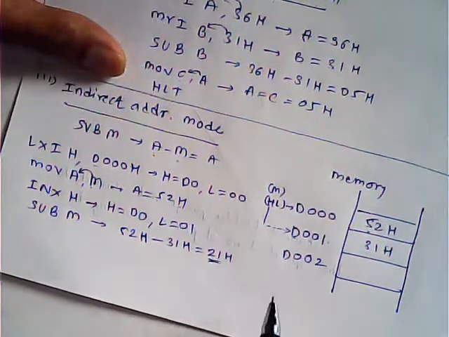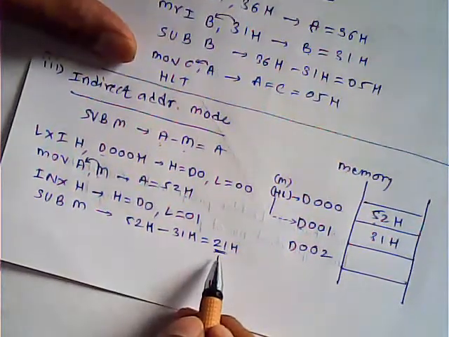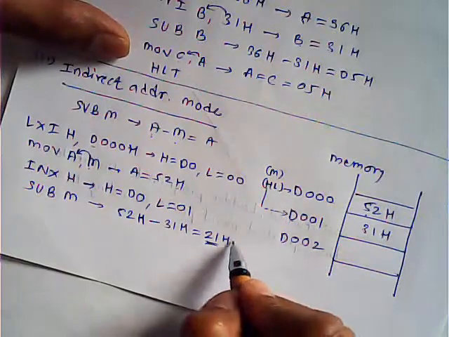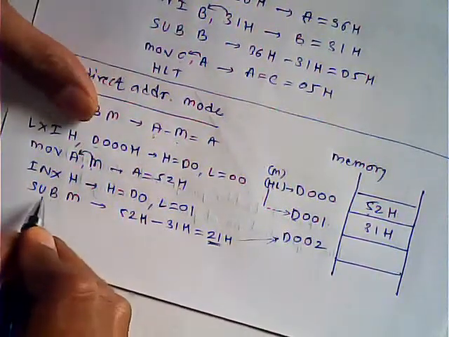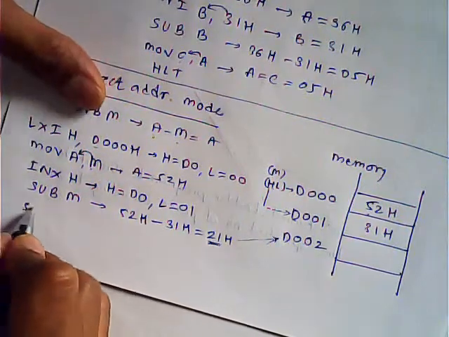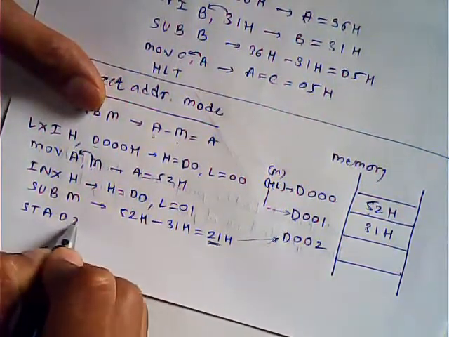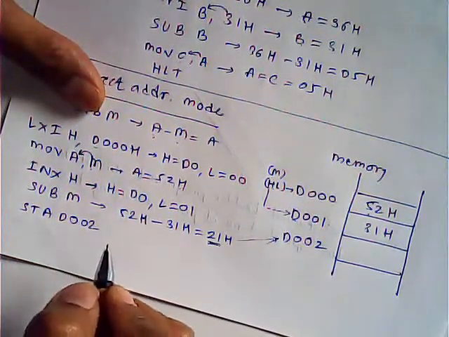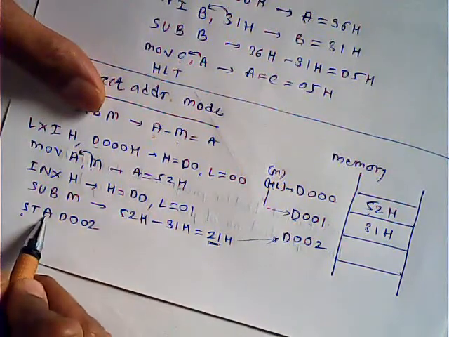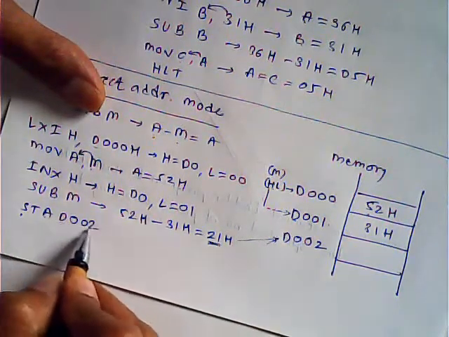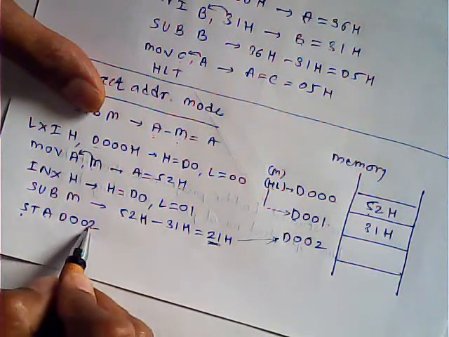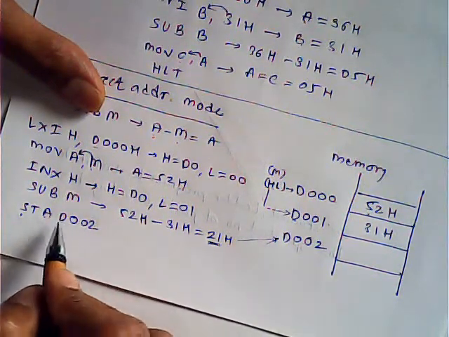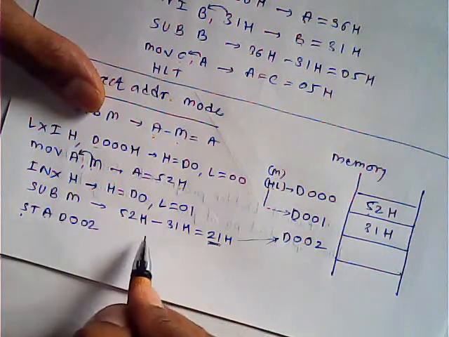Suppose somebody wants to copy this 21 hex into the memory at the next location. We can use the store instruction STA D002 hex. STA means store the accumulator content to the specified memory location, which is given here as D002. So the accumulator content gets stored in the memory.